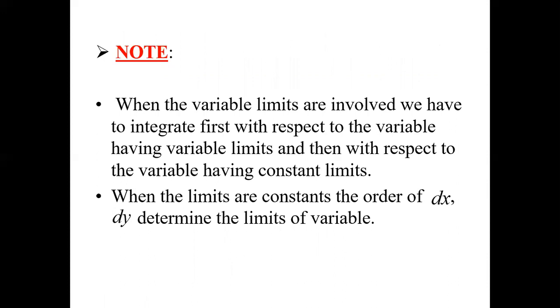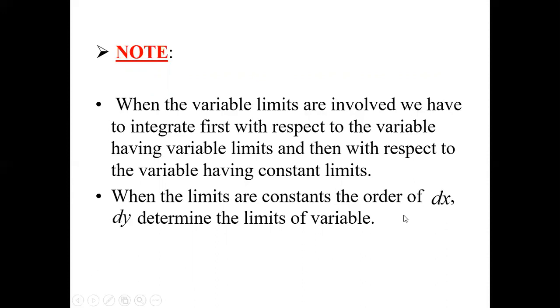Then you have to note this. When variable limits are involved, we have to integrate first with respect to the variable having variable limits and then with respect to the variables having constant limits. That means when x is a function, with limits h of y and g of y, for example, then first integrate with respect to x, keeping y constant, and then integrate with respect to the variables having constant limits.